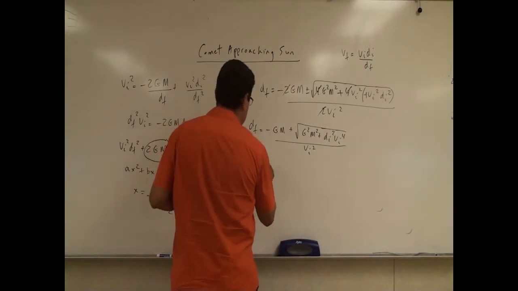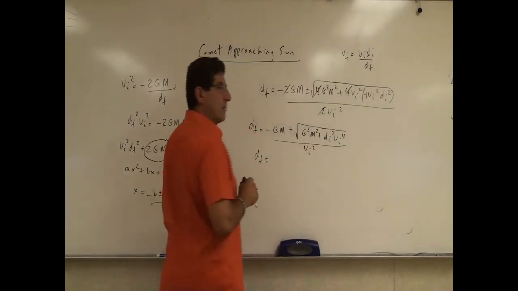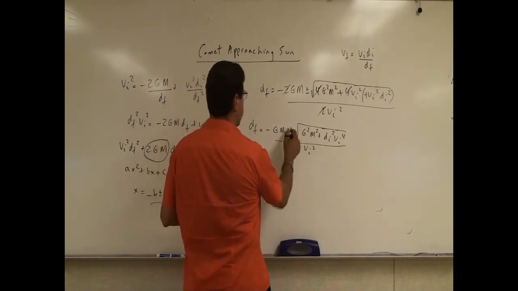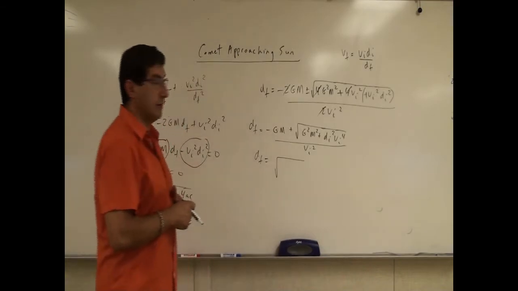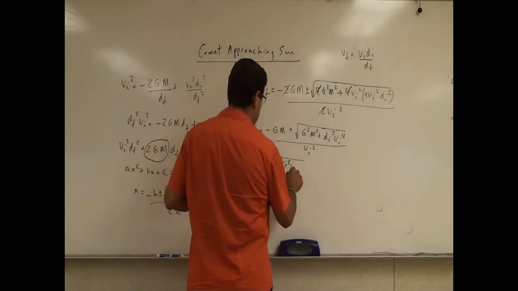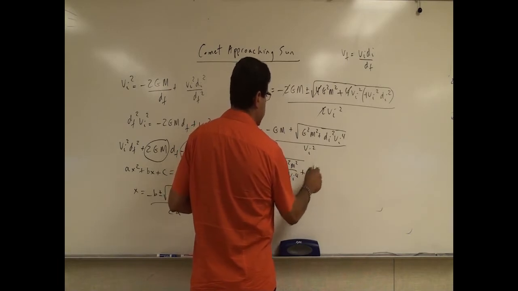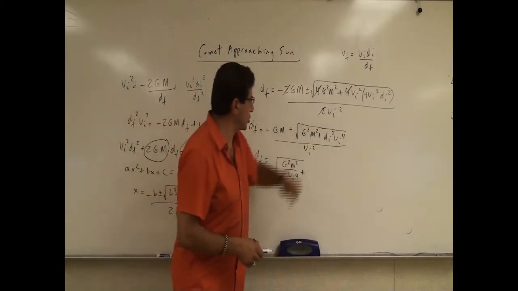I could just say, take this and divide it into both of this, and then bring it in the radical. And then I'll write the positive first, so it'll be something like this. When it goes into radical, it becomes v initial to the power of 4, right? So it becomes g squared m squared divided by v initial to the 4th plus, when it divides into this one, it's going to be canceling the v initial to the 4th.